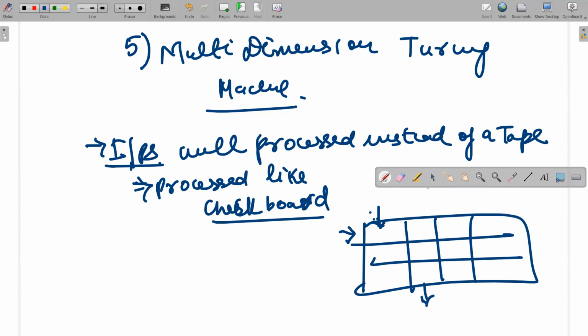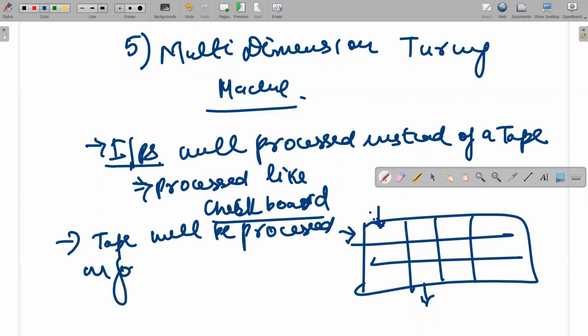So again, the tape will be processed in the form of a grid, where you can easily find the output.